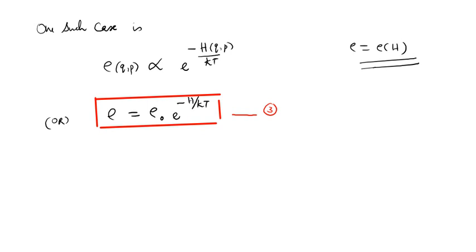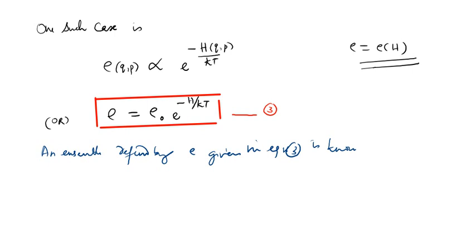Now such an ensemble defined by rho given in equation 3 is known as a canonical ensemble.